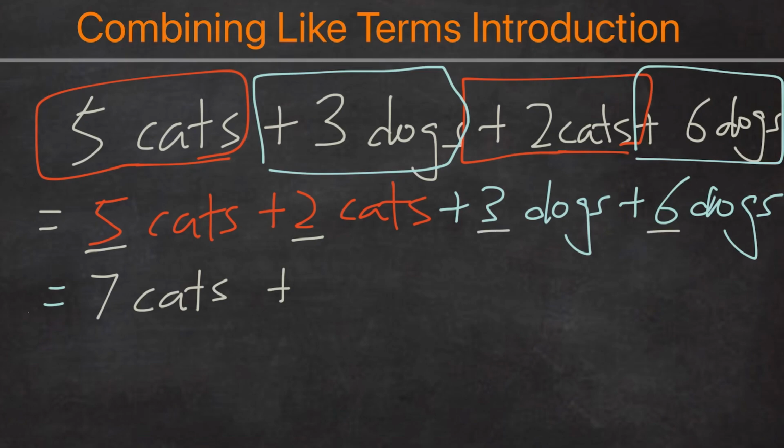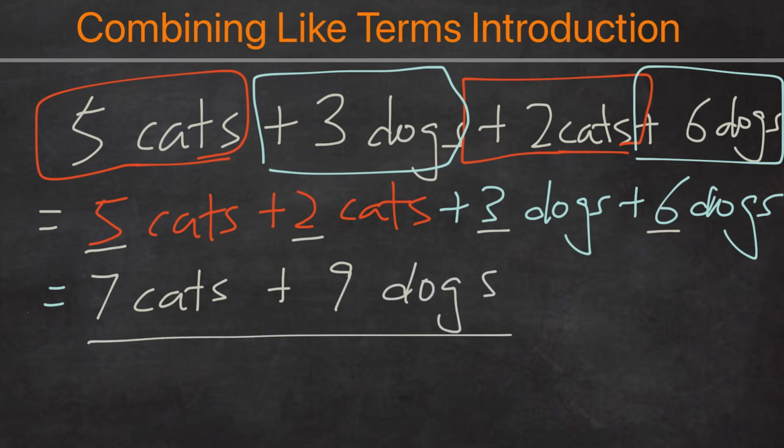And then I got 3 dogs and 6 dogs, and that's 9 dogs. So there's our answer: 7 cats and 9 dogs. And that's what combining like terms is. You are adding like terms. In this case, the like terms in this example are cats and dogs.